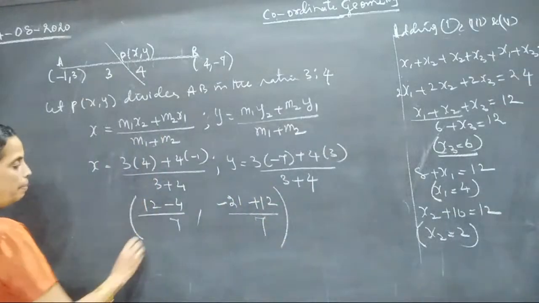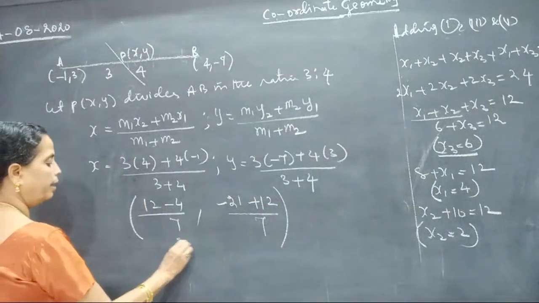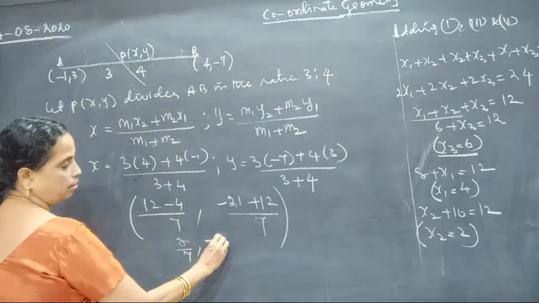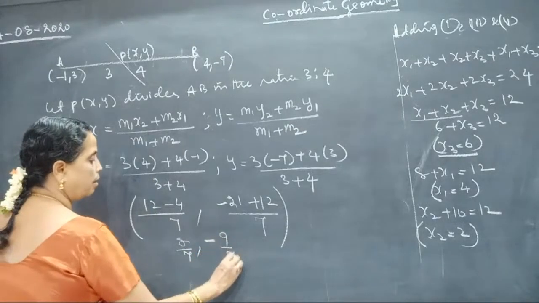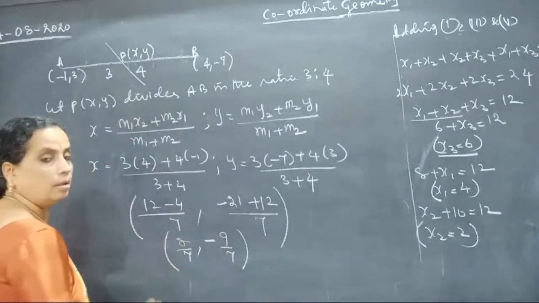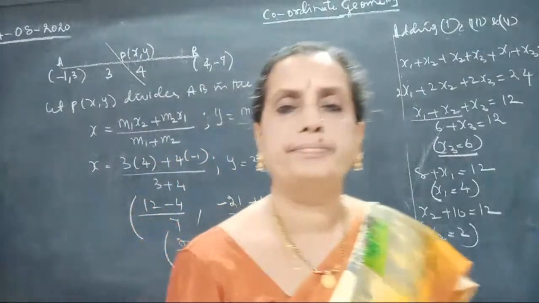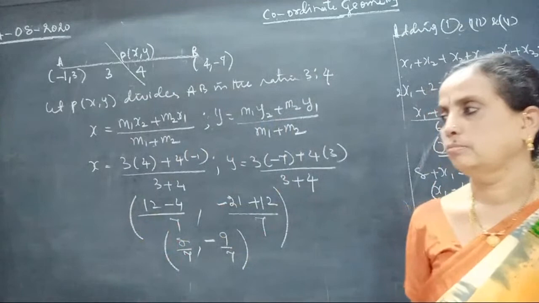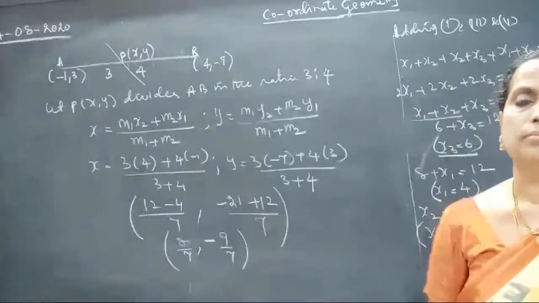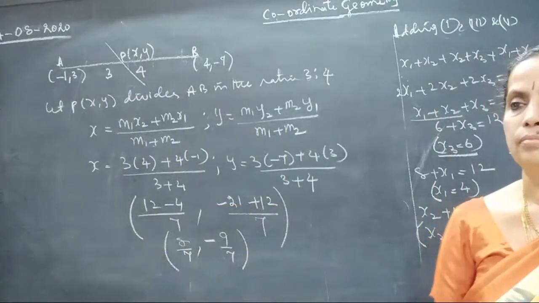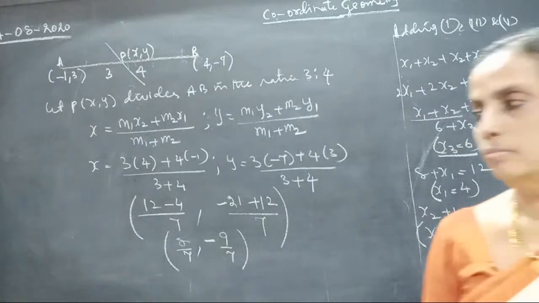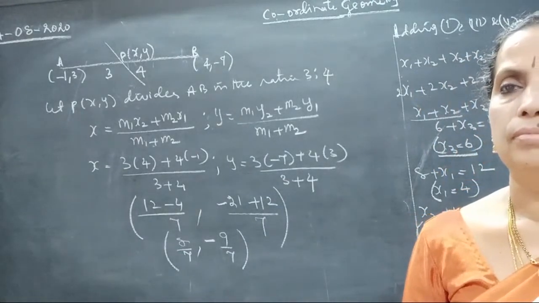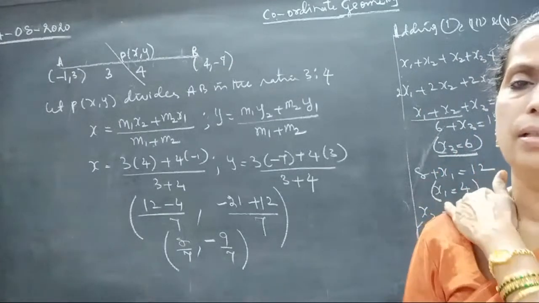What is the ordered pair? 8 by 7 and minus 9 by 7. Got the answer? Yes.